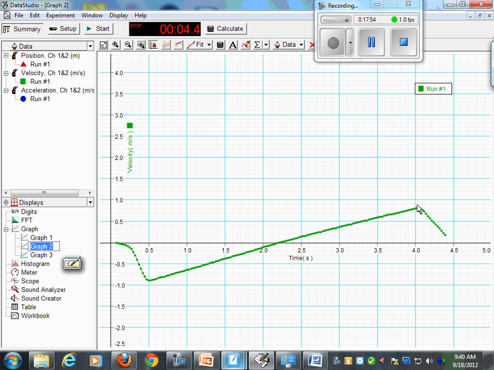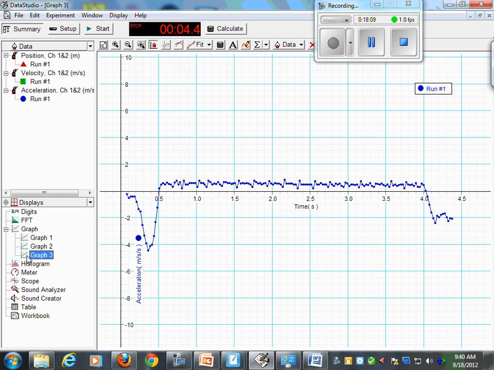It's speeding up, right? Chris, what would you say about the slope of this line? Is it constant? Seems to be. Let's have a look at the acceleration. Flat and positive the entire trip.